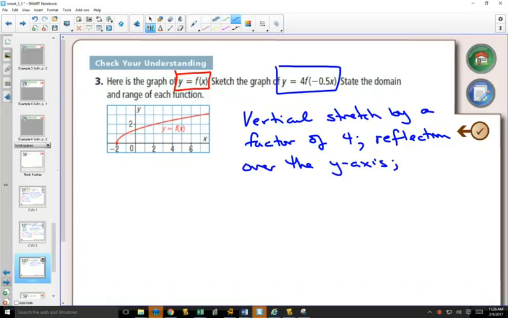And then the 0.5, that's a fraction of a half. The reciprocal of a half is 2. So that 0.5 is going to be a horizontal stretch by a factor of 2.